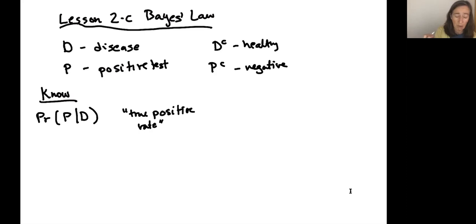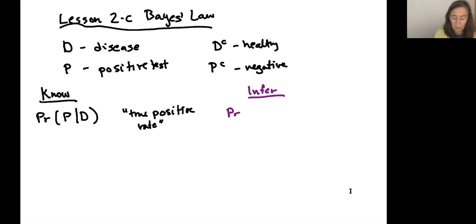And you might be thinking, okay, well, if we know the probability that the test is positive when the person has the disease, if we subtract that from 1, we know the probability that the test is negative when the person has the disease. So let's use a different color for the things that we can infer.